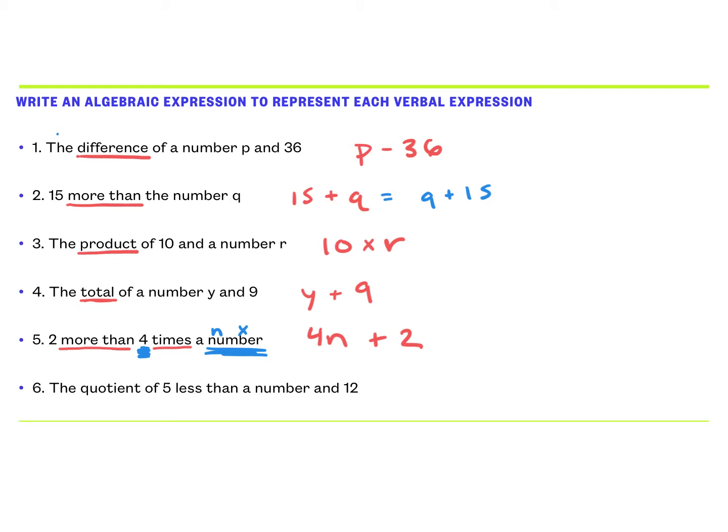The quotient of 5 less than a number and 12. So the quotient is what? Division. We have 5 less than, what does less than mean? Subtraction. How would I write 5 less than a number?